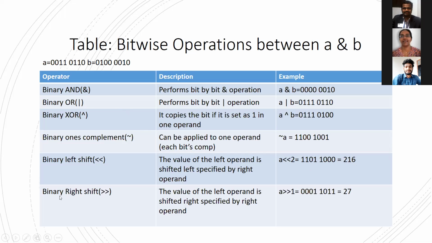Similarly, for binary right shift, you can see the operator is double greater than. This operator will shift the bits towards the right. So this 000011 will just add one more zero here, and this one will go to the right.